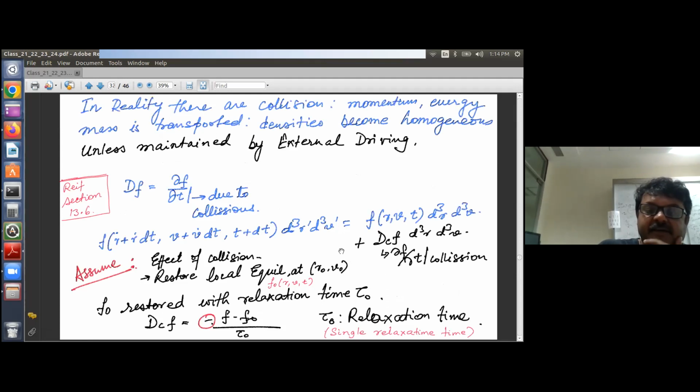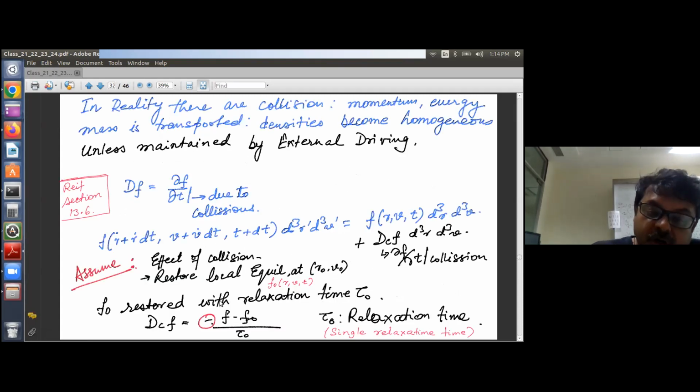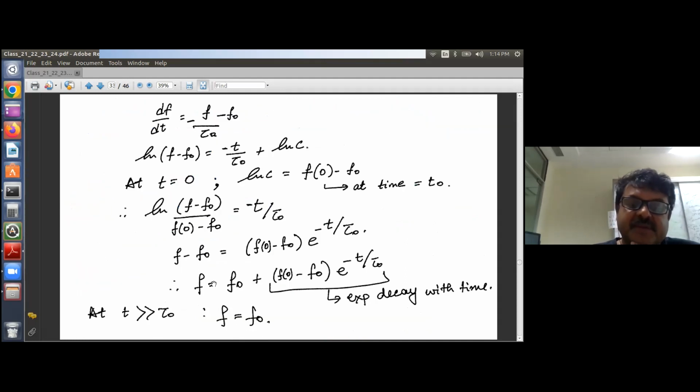So by writing the effect of collision in this manner, it says that any distribution function, as a consequence of collisions which are being modeled by this expression, will decay to the equilibrium distribution function in time tau 0.